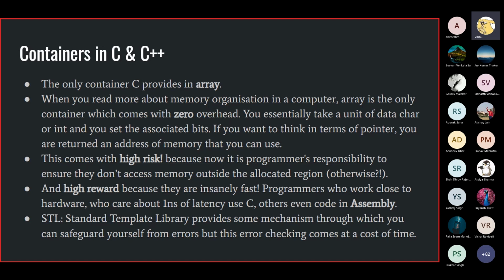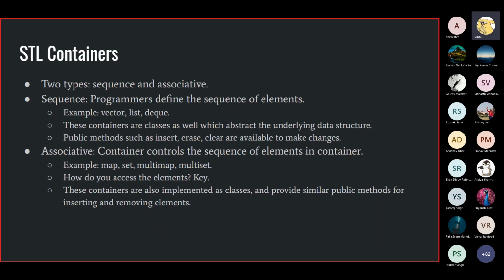But this error checking comes at a cost, and that is why it is a bit slower than C. C is very close to hardware, it's very fast. C++ is a bit higher-level, so it is a bit slower, but not so much that it really bothers us.